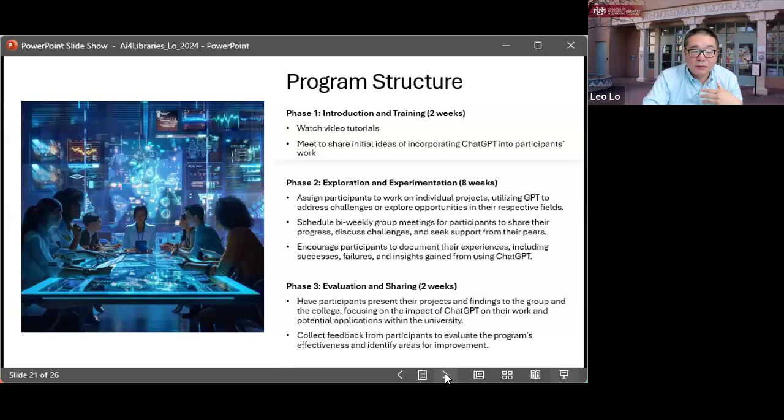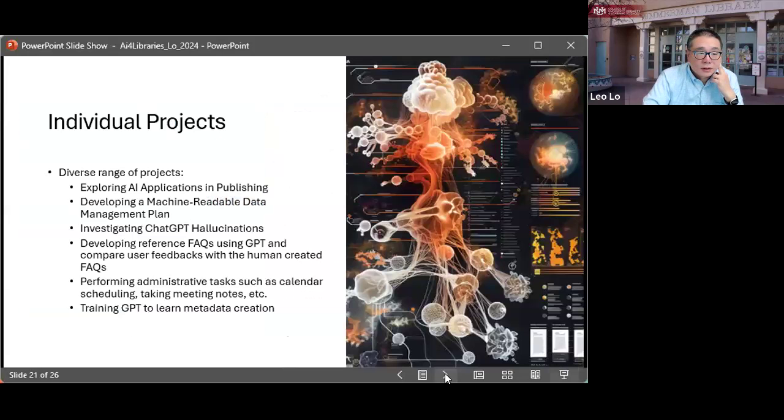And we collected feedback from the participants. We did pre and post program surveys, looking for ways to improve. So here are some of the individual projects. The person from UNM Press explored AI in publishing, basically using it to synthesize a large amount of text to write abstracts.